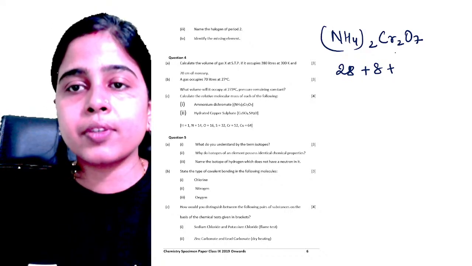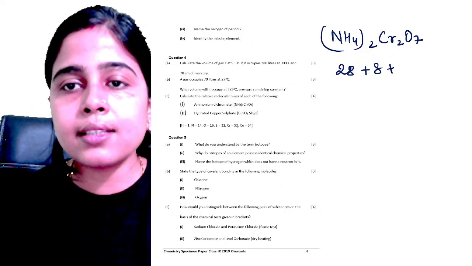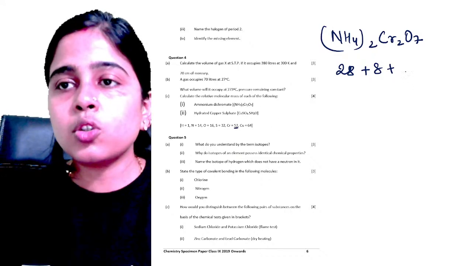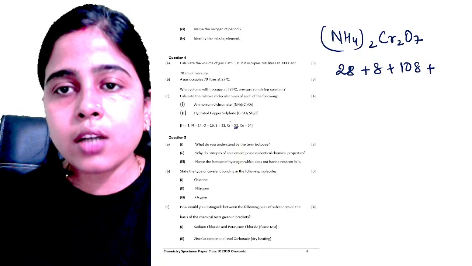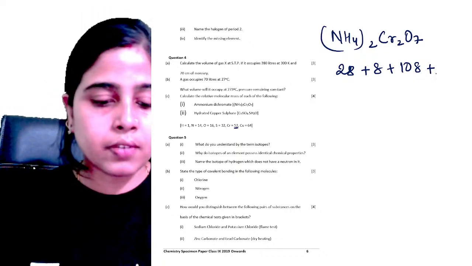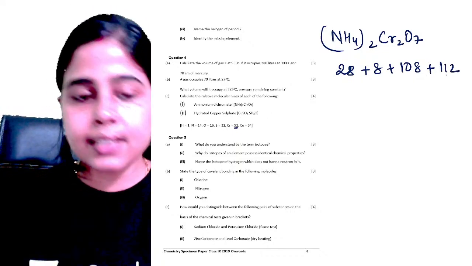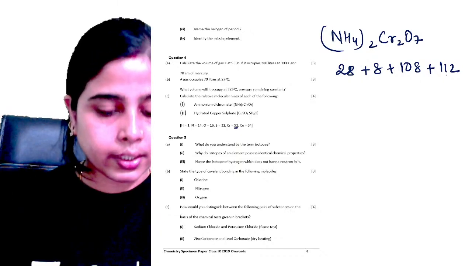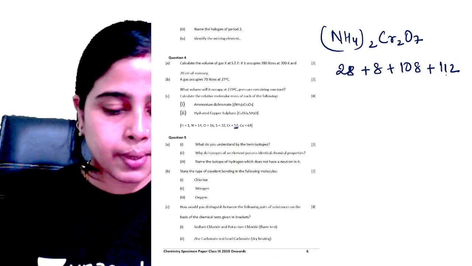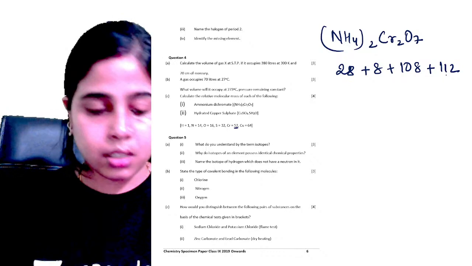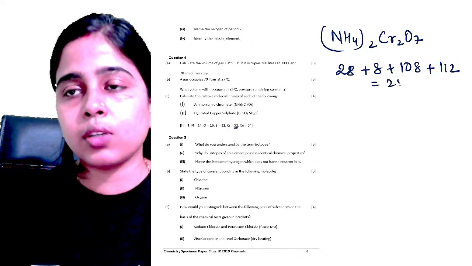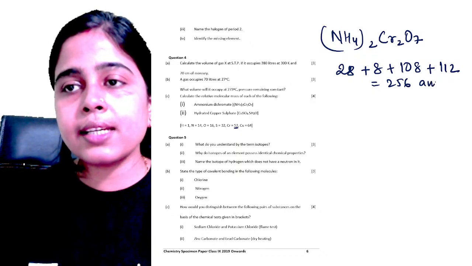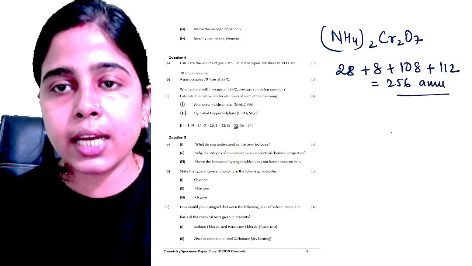I calculated with 64, but chromium has the atomic mass 52. So 2 5s are 10. Your oxygen has 16. So 16 7s are 112. Let's add it all. 112 plus 108 plus 8 plus 28. It is coming out to be 256 only. So 256 AMU is the answer for ammonium dichromate.